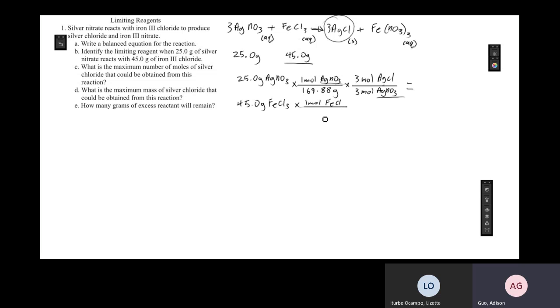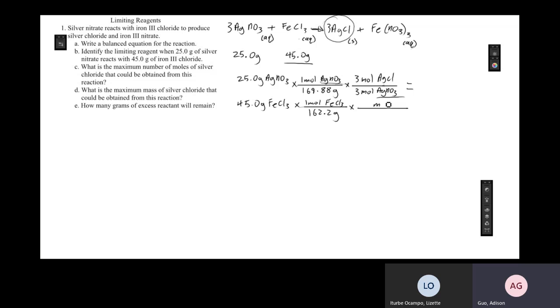Iron chloride, iron 3 chloride. Let's see. What is the molar mass of iron 3 chloride? I'm just going to Google this one. Molar mass, okay. Looks like we have 162.2 grams. Now we're going to turn this one into silver chloride again.